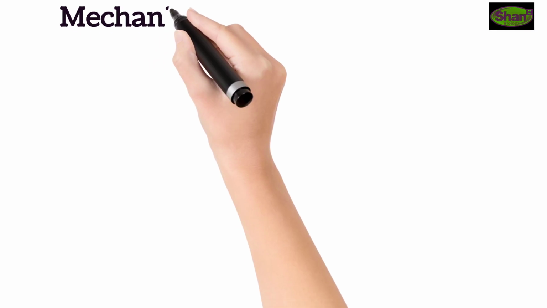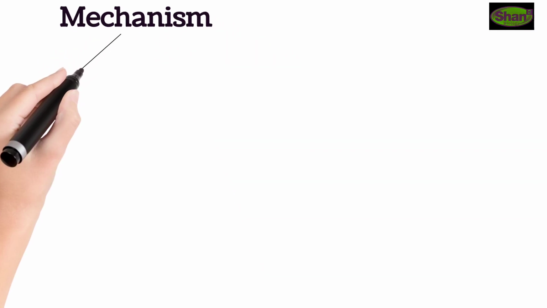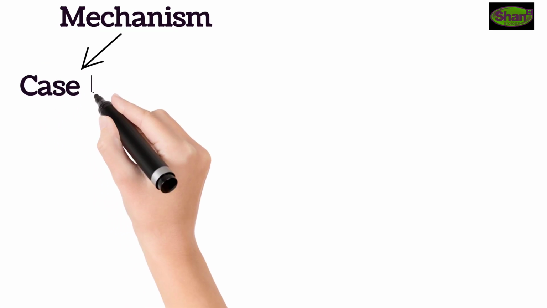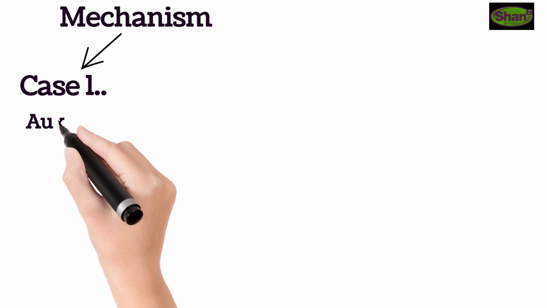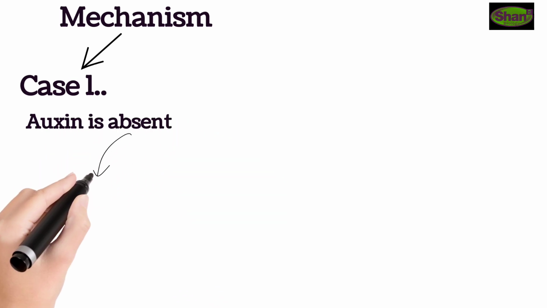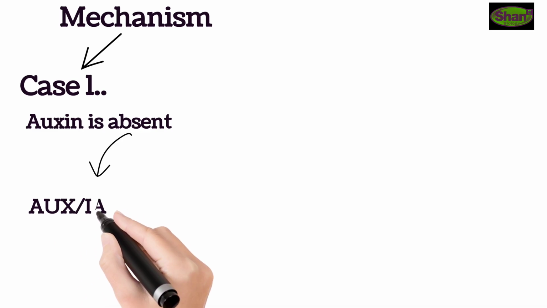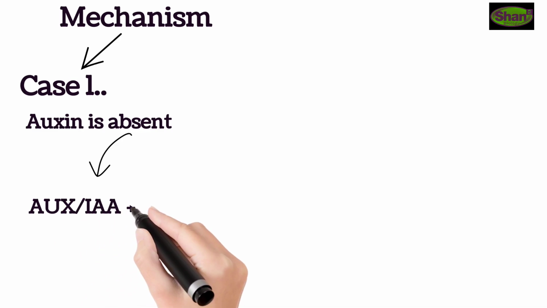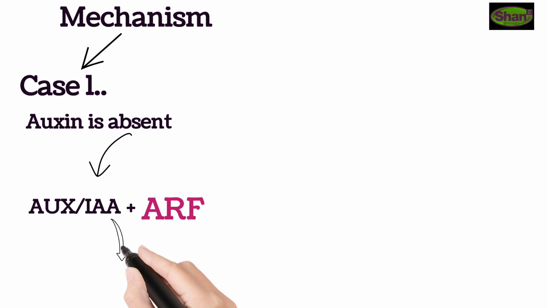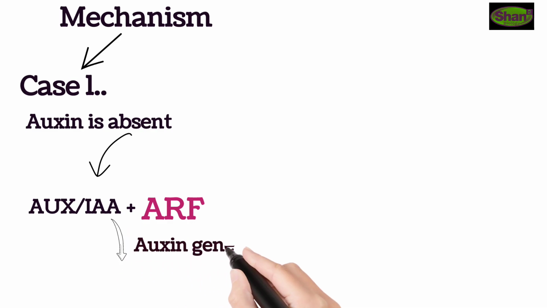Now to understand the mechanism, the mechanism of the whole process involves two pathways. Let us define case number one. What happens here? When auxin is totally absent, then AUX inhibitor protein binds with ARF, means transcription factor, and stops its activity.